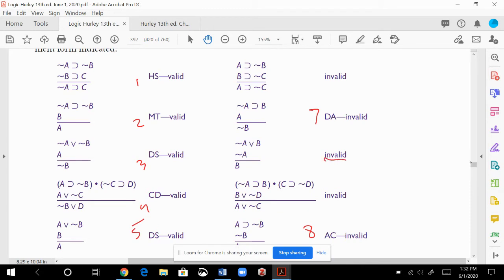And it looks like it's a disjunctive syllogism, right? Oh, and this is the trick. You're going to love this. Remember how I said premise 2 has to have a tilde? Well, it does, but it's not denying this. In order to deny that, you have to have another tilde, which would be the negation rule that we just looked at.